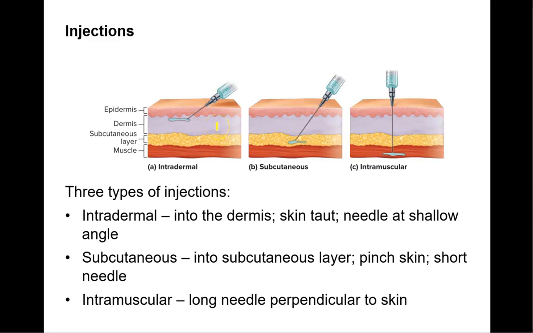It's the only thing I can think of. And then the subcutaneous injection would be into the hypodermis, the fatty tissue of the hypodermis, and then intramuscular injection, like a diabetic that has to have a glucagon shot that has to be injected into a large muscle.